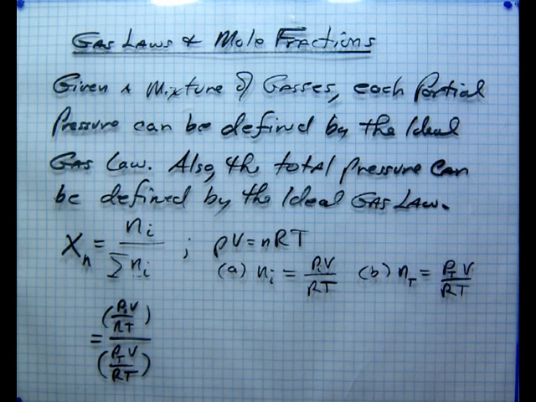The top is the individual, because I took that out of the ideal gas law and put it up here. The bottom I assumed to be the total moles, adding the moles all together, and I put it in the denominator.